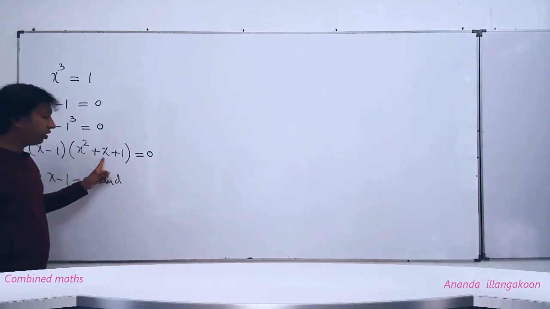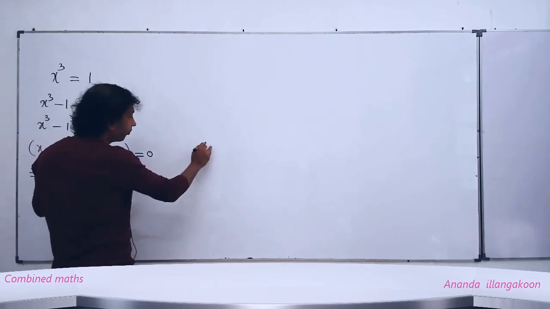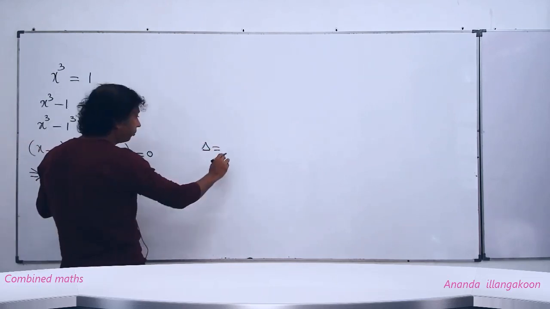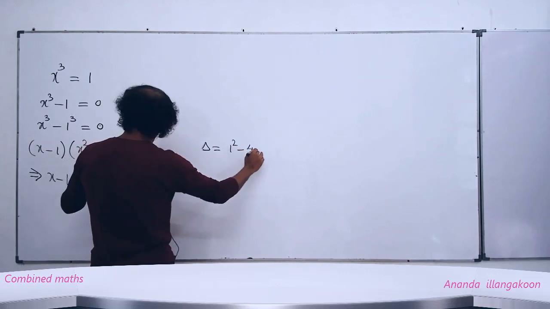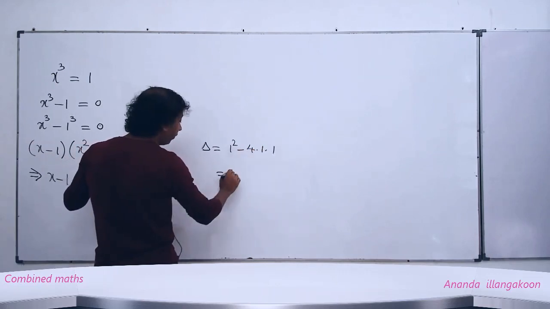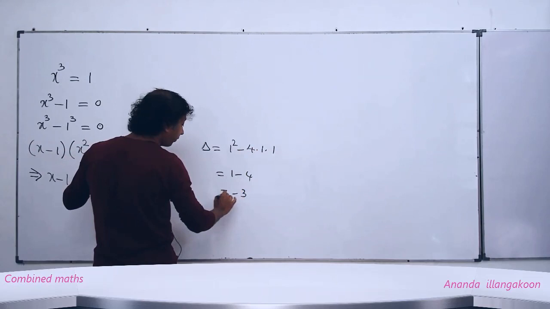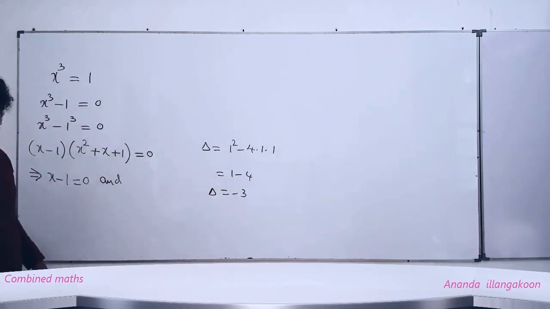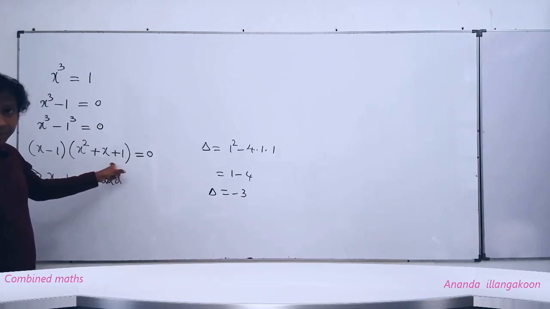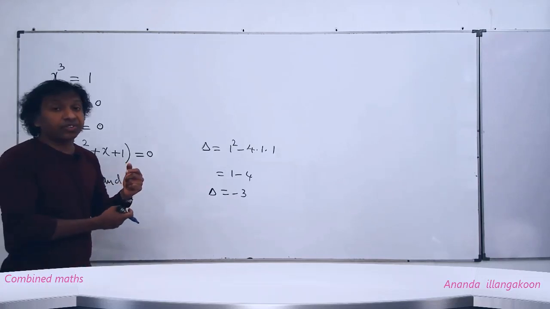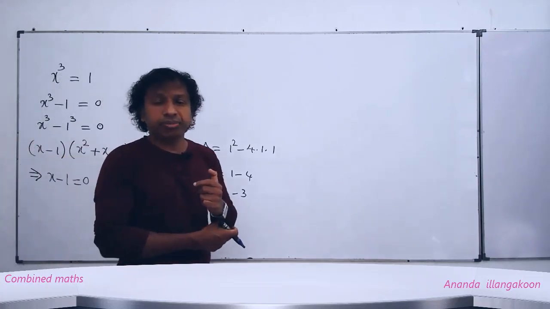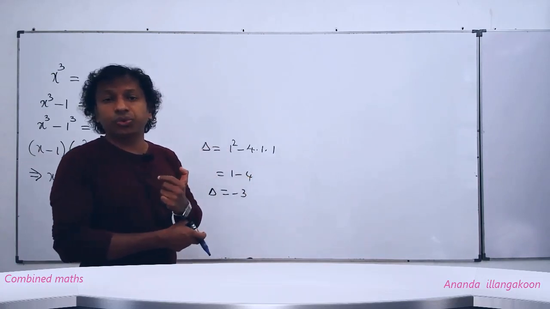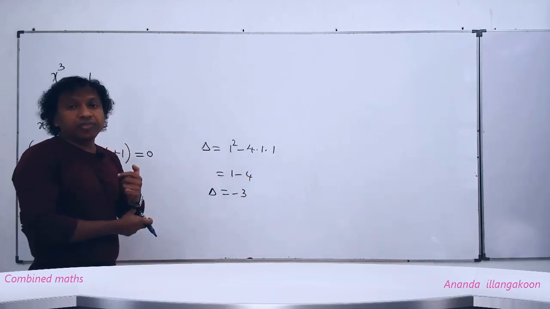When you consider the discriminant of this, delta equals b squared minus 4 times 1 into 1, you can see this is minus 3. That is why we say this quadratic expression doesn't give real solutions. Then in a usual question, when x is real, we ignore that. But this time we can't ignore. We expect the solutions of x which are imaginary also.